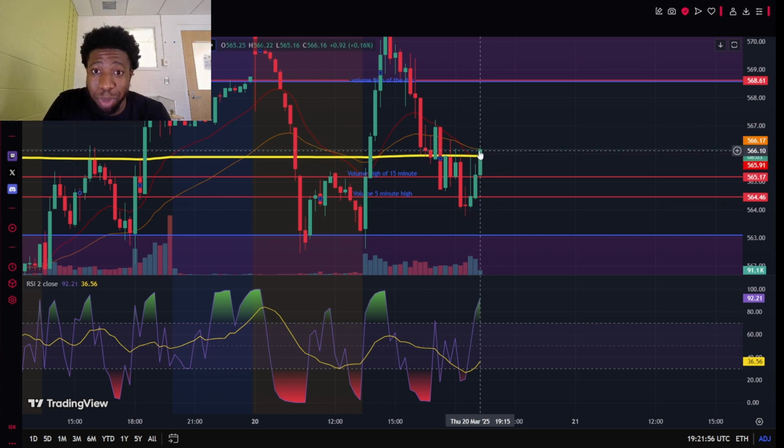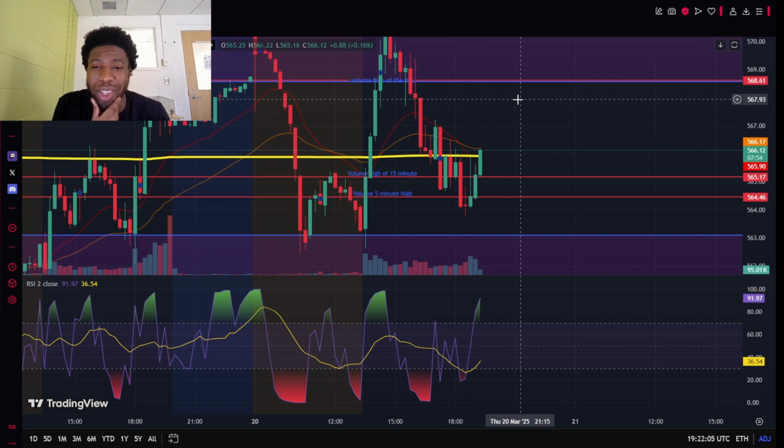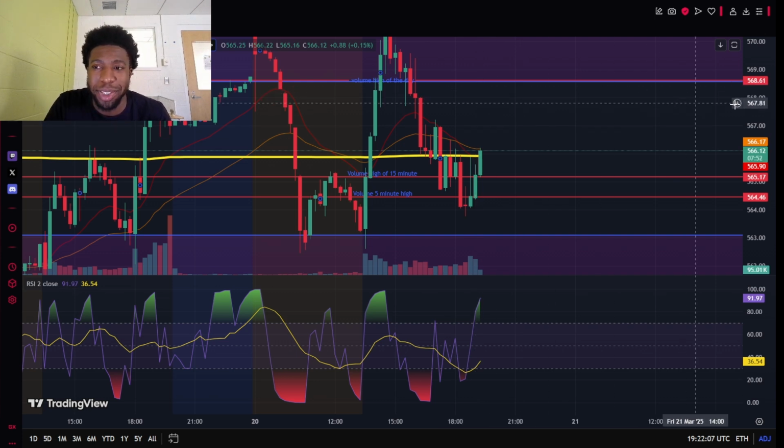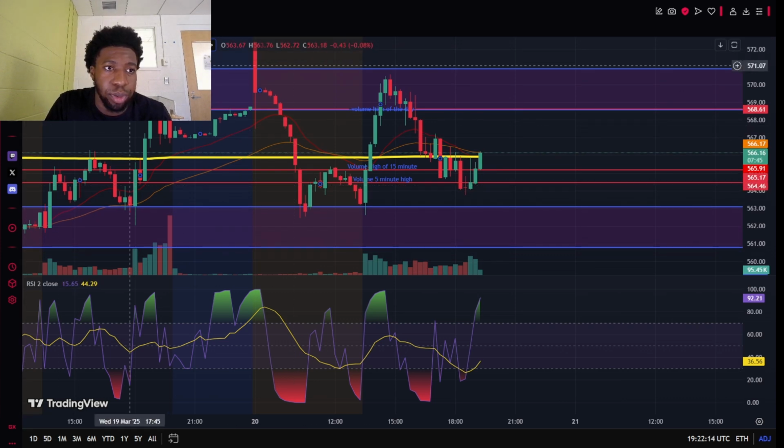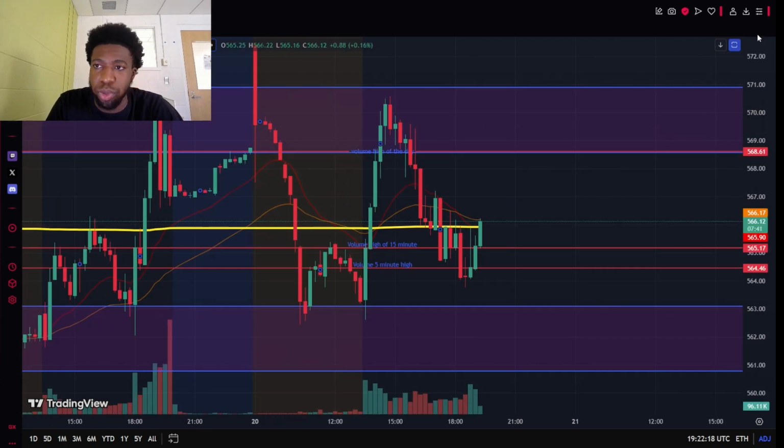We're seeing SPY break past the VWAP, hopefully past the 50 EMA. If this does hold, what do I think will happen? Okay, I think if it can hold, let's get my arrow tool out.